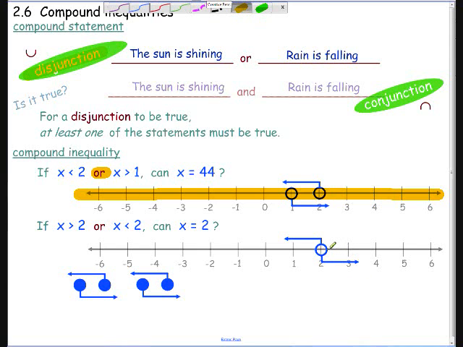It's everything from here to positive infinity and everything from here to negative infinity. So, can x equal 2? No, that's the only point that didn't get covered by one or the other.